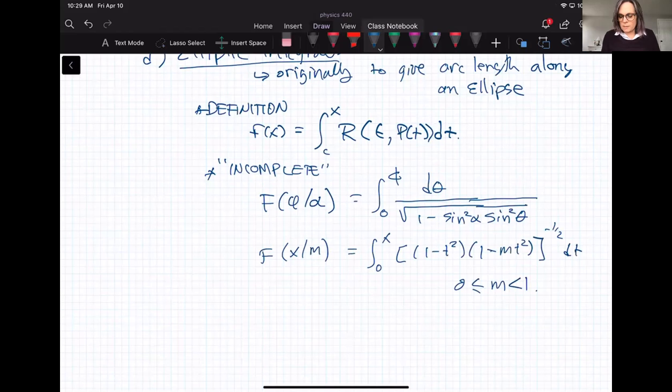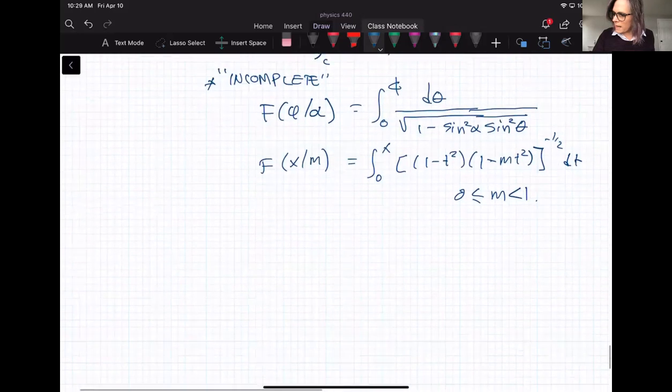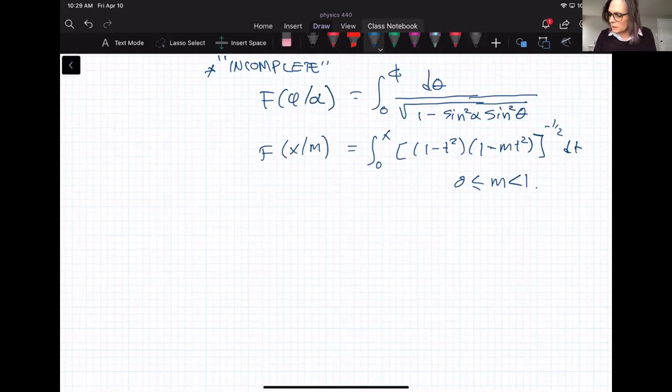The reason why I bring this up is that this is all suggesting some kind of series expansion. And like I said, we can use these to do the arc length. What I mentioned at the top of this section is the pendulum problem.